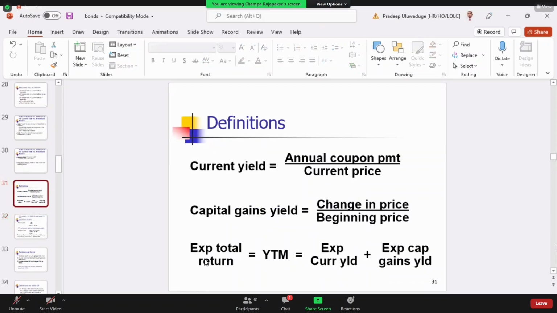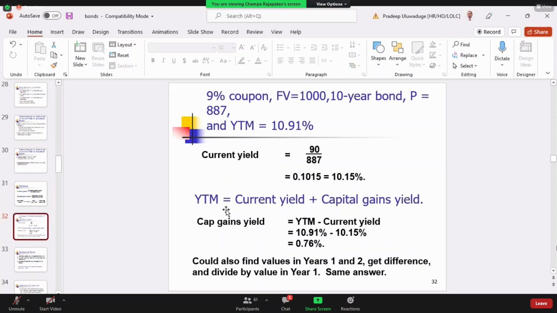When we know the YTM and the current yield, we can solve for capital gains yield. So capital gain yield will be YTM minus the current yield, that is 10.91% minus 10.15%, that is 0.76. So capital gain yield is 0.76%.